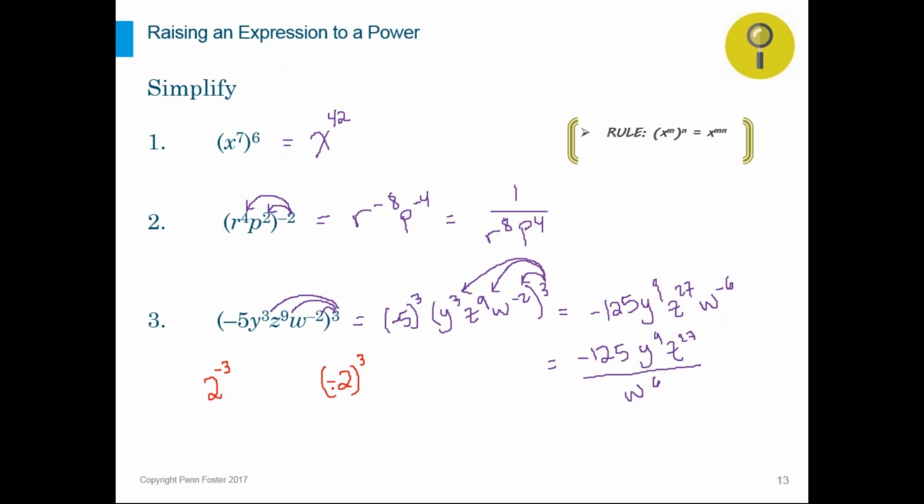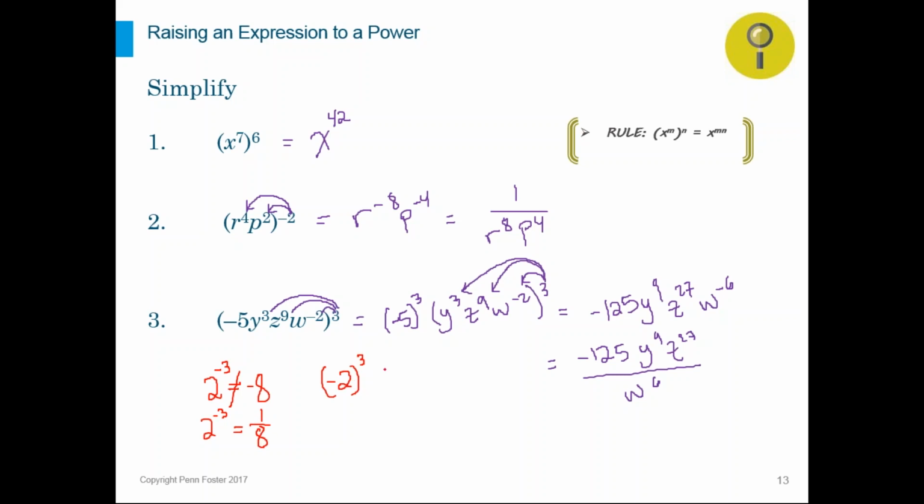These are so different. 2 to the -3 power does not equal -8. That's not correct. It actually equals 1 over 8, because 2 to the third power is 8, and we have a negative exponent, so put it in the denominator.